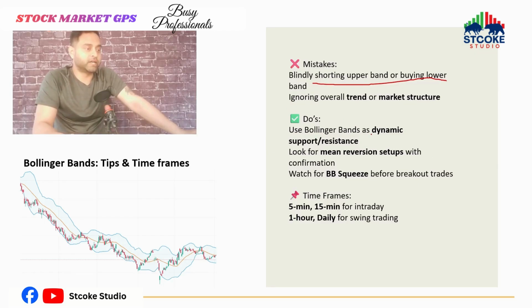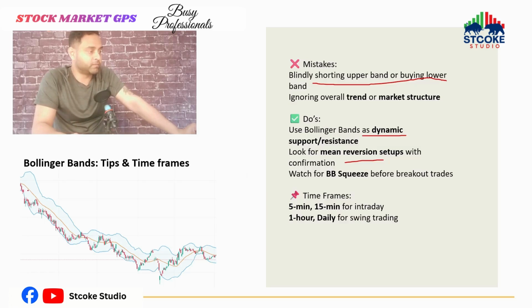However, some of the things that you can use Bollinger Band for: as a dynamic support and resistance, of course, if it is not in a squeezed condition, and mean reversion, which basically means if price has touched the upper band or it is now outside of the Bollinger Band, you can expect the price to come back to the Bollinger Band.